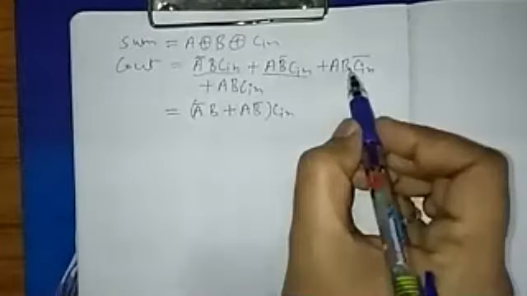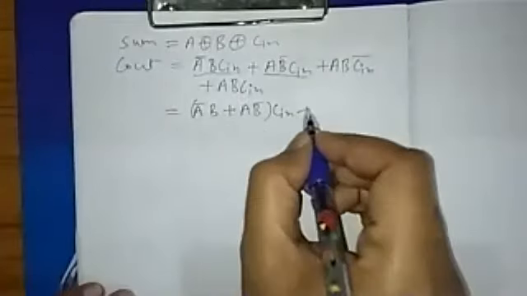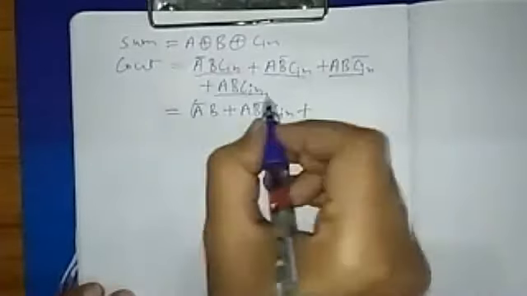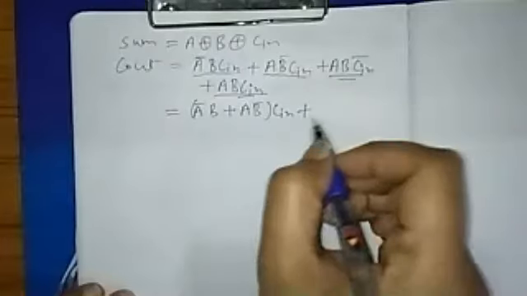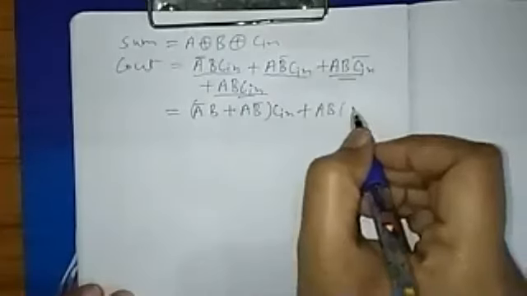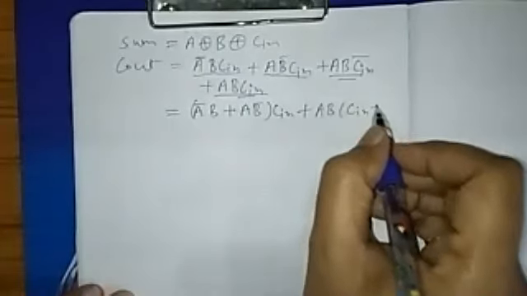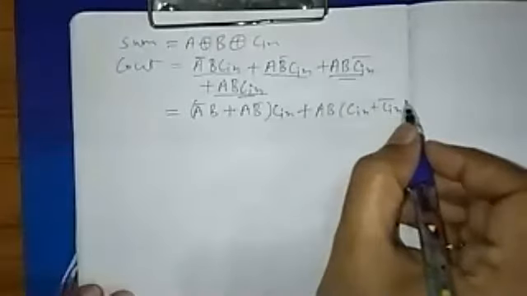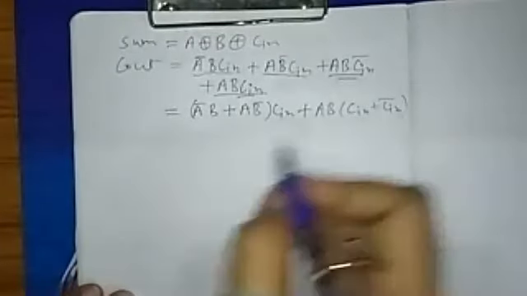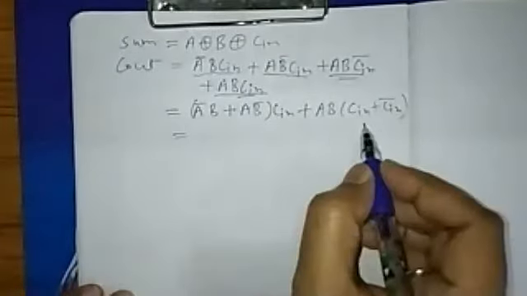Similarly, here I can take AB common from these two terms. If I take AB common in the bracket, what will remain? Cn plus Cn bar, and Cn plus Cn bar is 1.